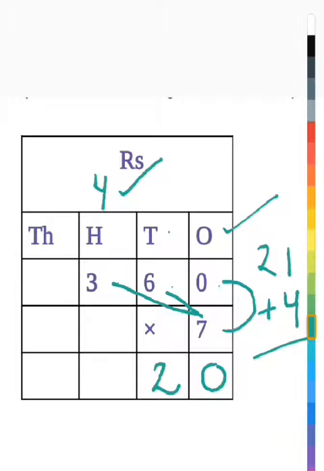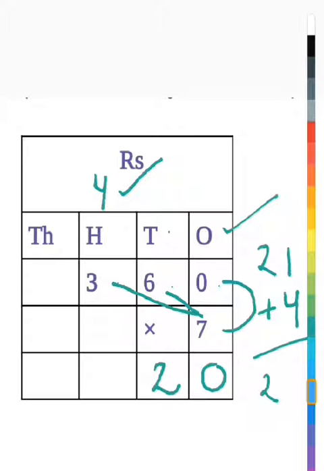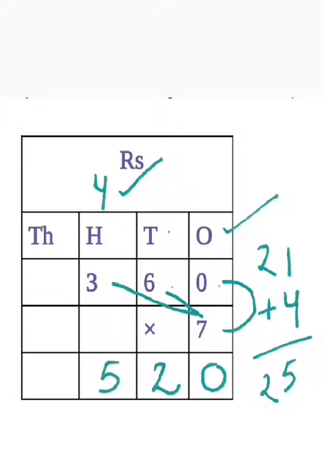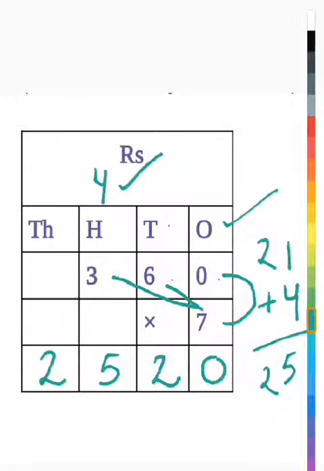So 21 plus 4 is 25. So we will write, children, 5 in the hundreds column and 2 in the thousands column. So children, the artist will earn rupees 2,520 in a week.